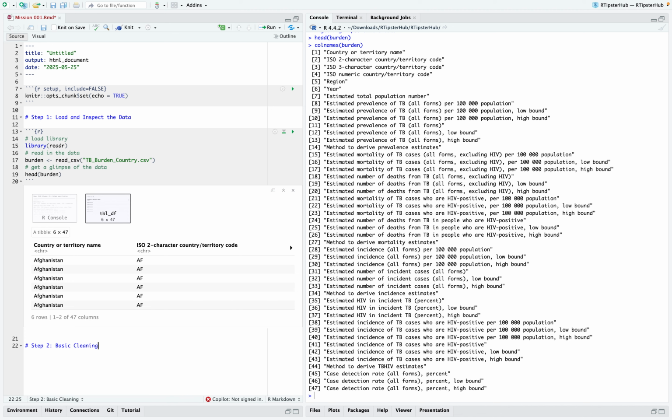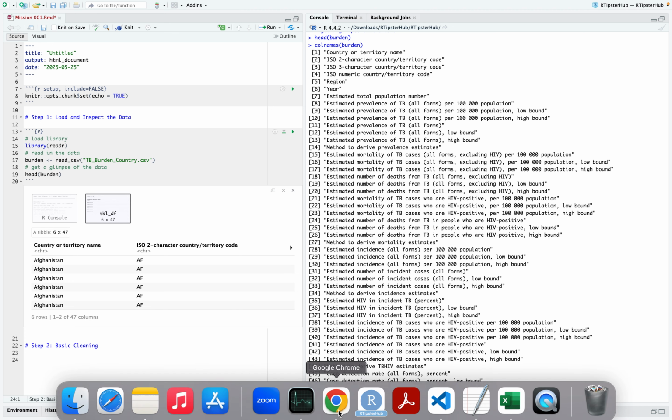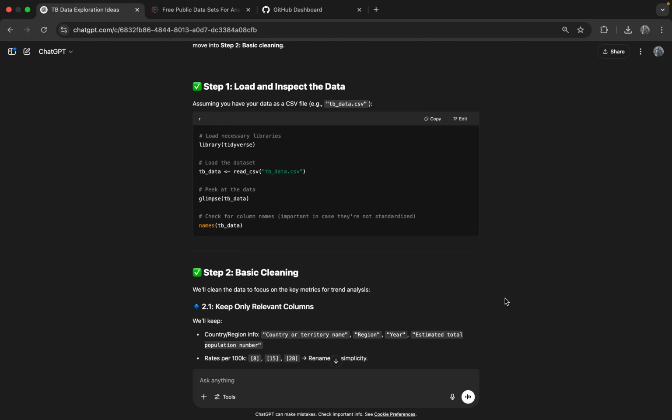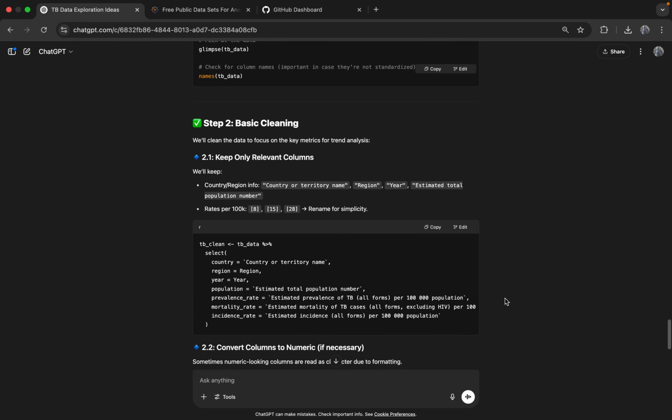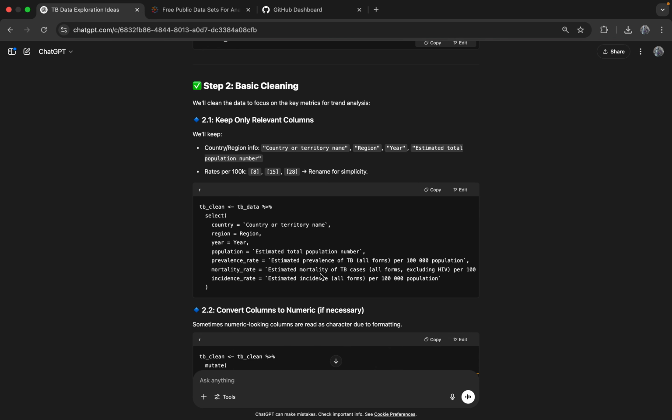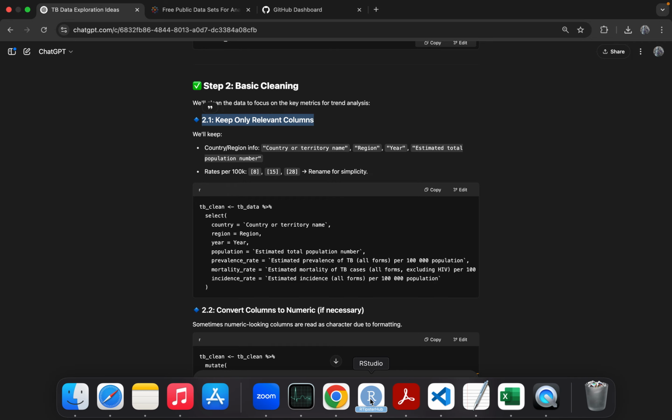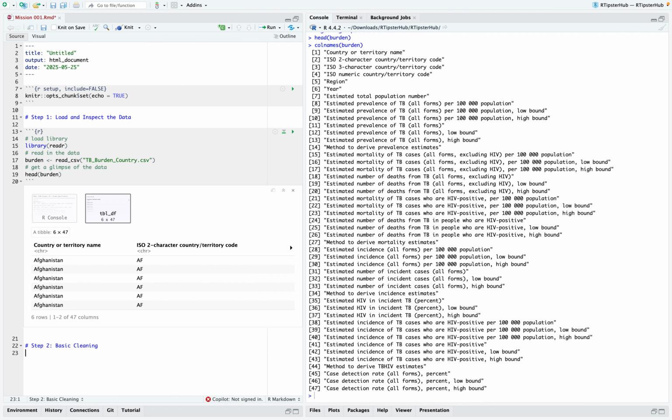The idea here is to clean the data and focus on relevant metrics, and also keep only the relevant columns. The reason why I'd like to keep this is just to organize the result in a way that makes sense.